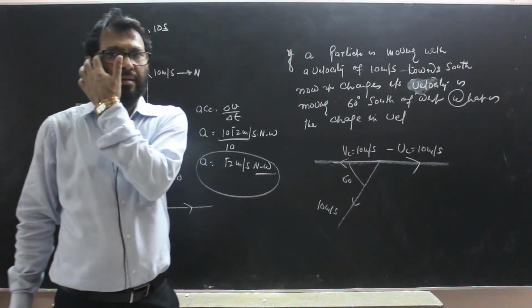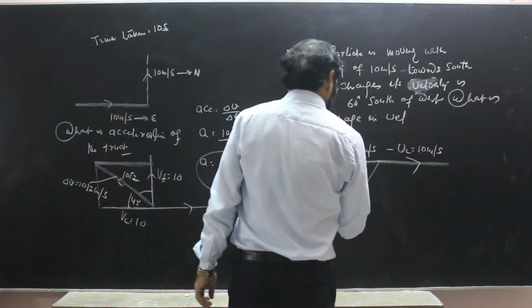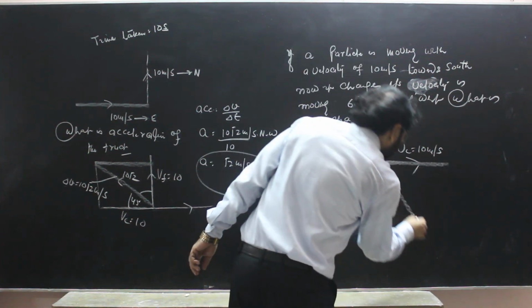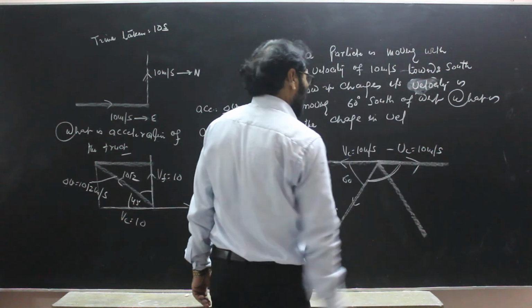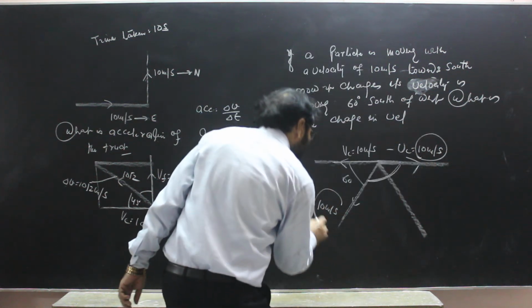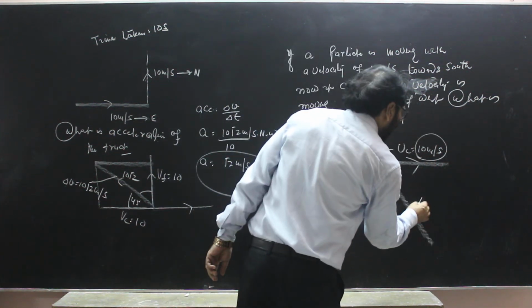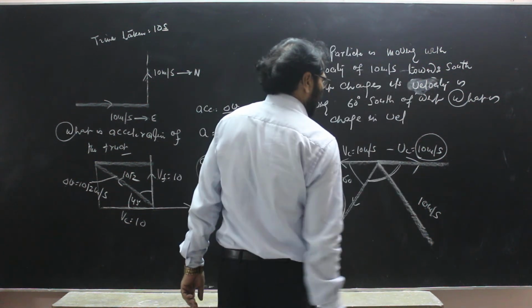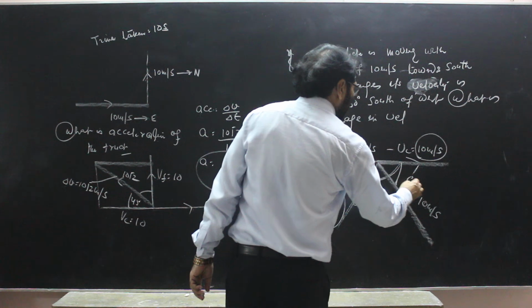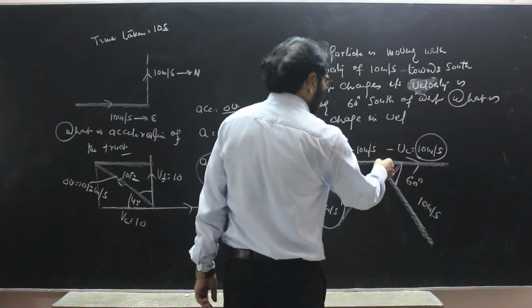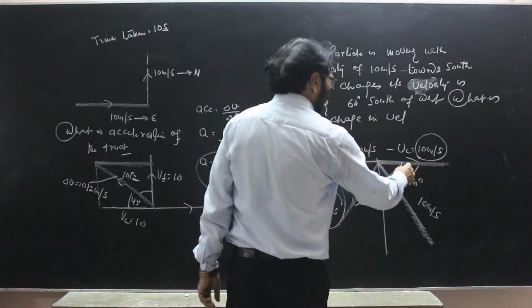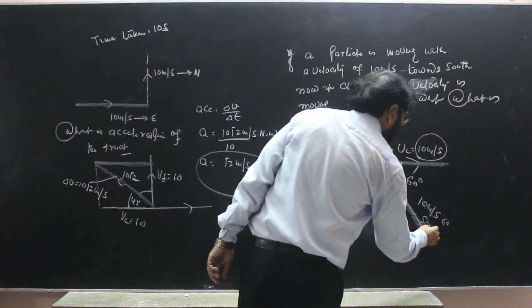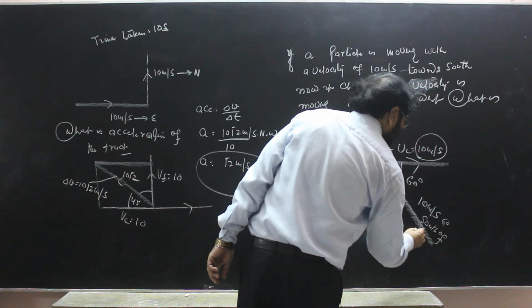Now what is the angle between these two vectors? The angle is 120. This is 10, this is 10. The resultant of 10 and 10 is 10 meter per second and will be equally inclined. So 10 meter per second, 60 degree south of west.